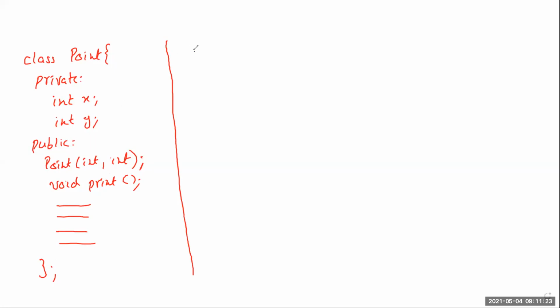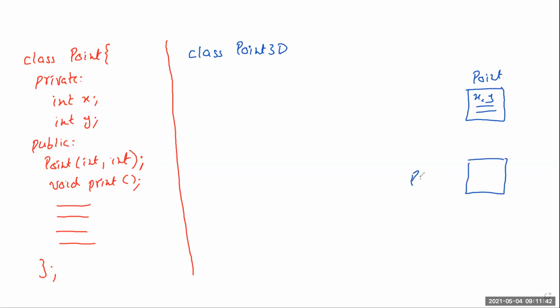Now we'll be making the class Point3D. This is my Point class. I already have x, y, and a lot of functions here. Now I'm making another class which we are calling Point3D.